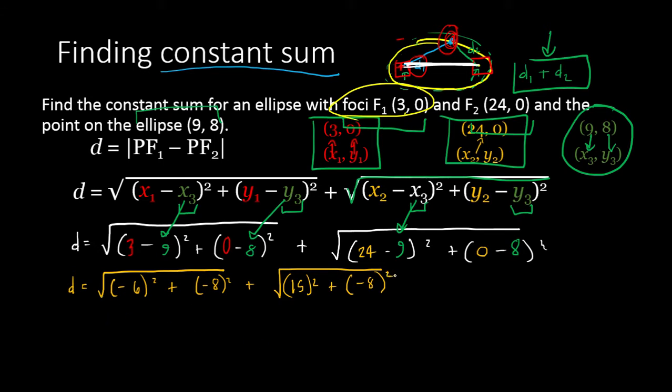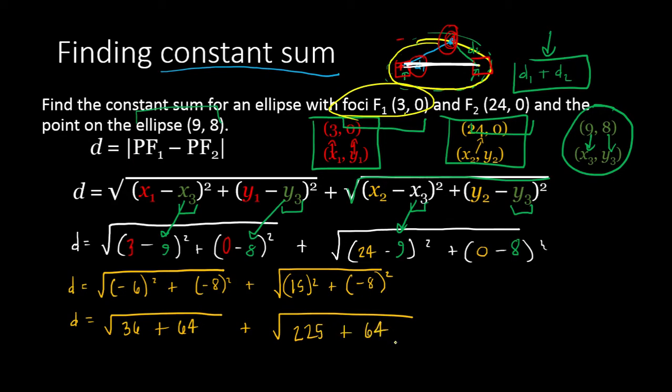Double check our work. Oh, forgot that square. I knew something was missing there. Okay, so I've got negative 6 squared plus negative 8 squared, 15 squared, negative 8 squared. Just continue simplifying from here. 6 squared is 36. 8 squared is 64. 15 squared is 225. 8 squared is 64.